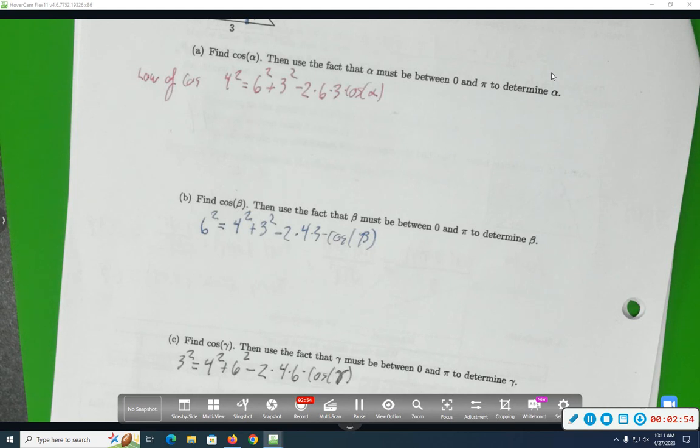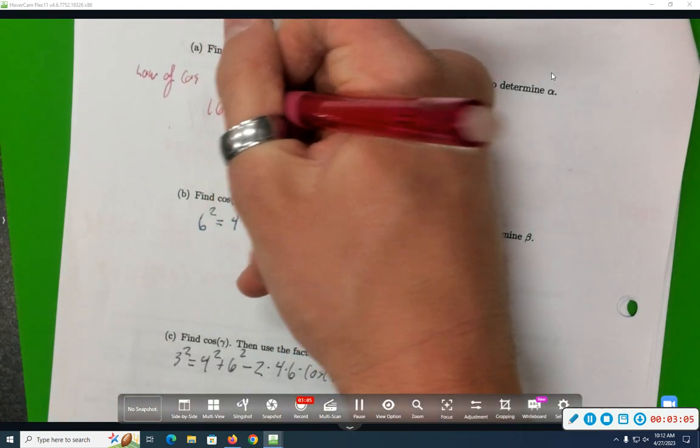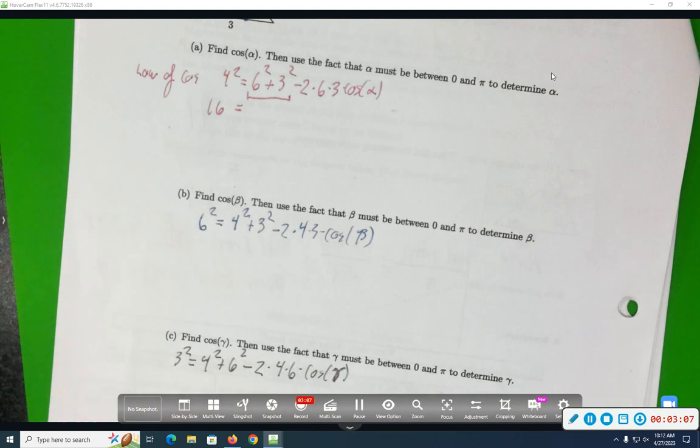Maybe start by simplifying. What's 4 squared? What's 6 squared plus 3 squared? I hear a 45. Does that agree?